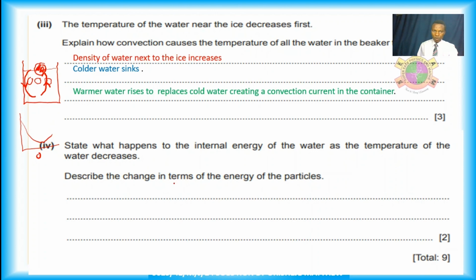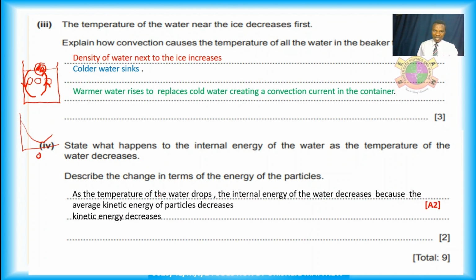As the temperature of the water drops, the internal energy of the water decreases because the average kinetic energy of the particles decreases because there's a drop in temperature. So the ice cooled the water, and then it leads to a drop in temperature, and the drop in temperature is an indication that the average kinetic energy of the water has reduced.